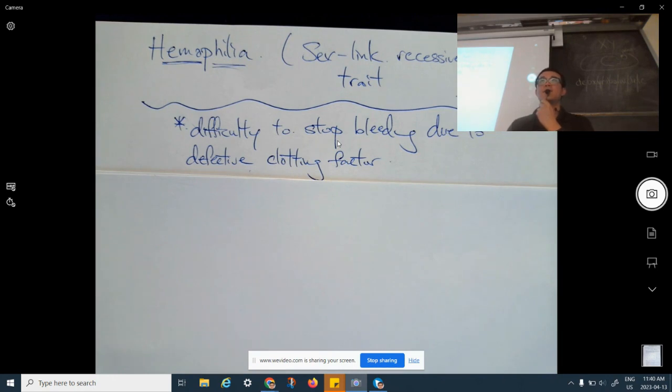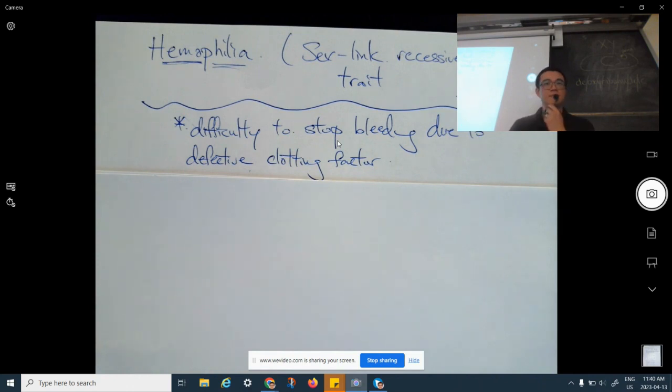Is it the absence or the defective form? I don't remember. I have to look it up. Usually that's something I would teach when we're talking about the clotting cascade, but I think that's a grade 12 topic.